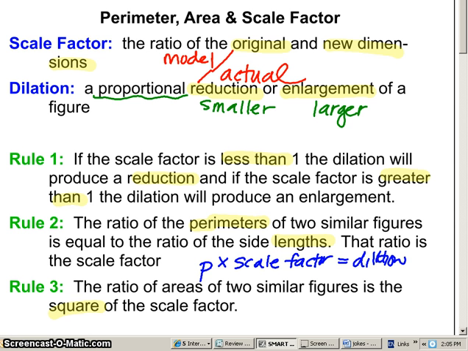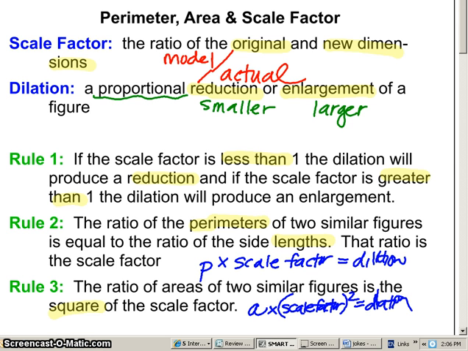That may be an enlargement or a reduction. For the area, if you take the area of your original and multiply it by the scale factor squared, so whatever your scale factor is, multiply it by itself, this will give you the area of your dilation.